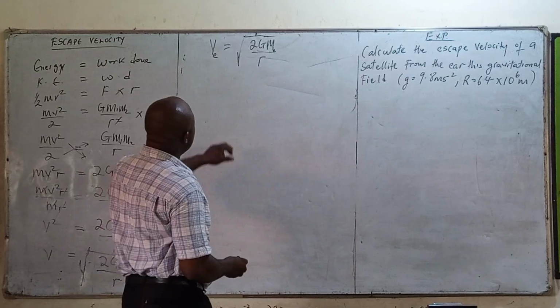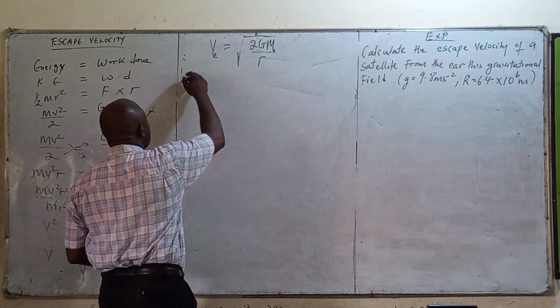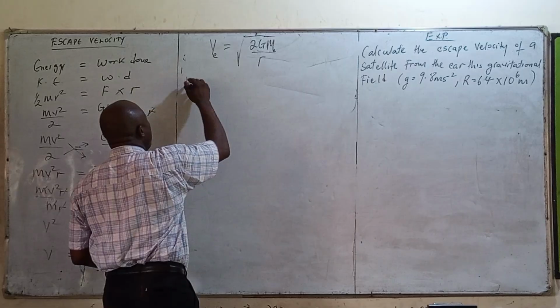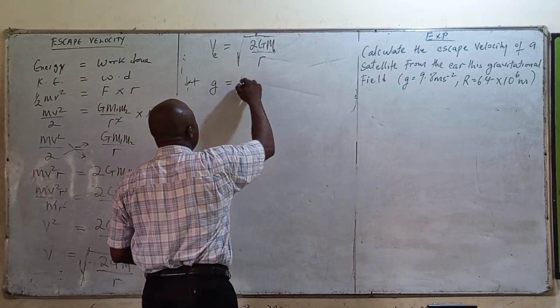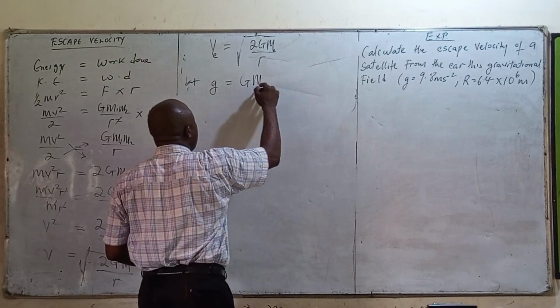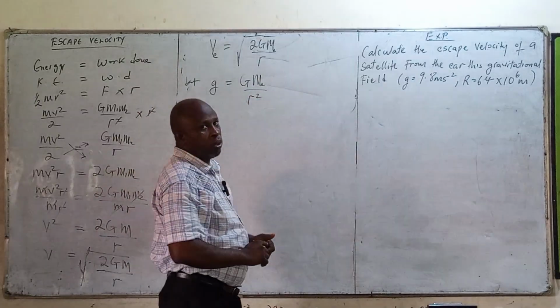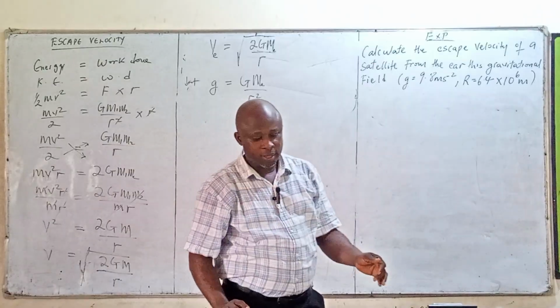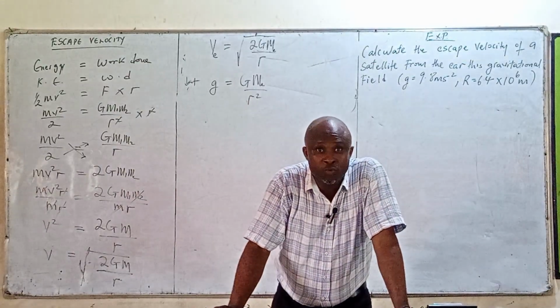So v_E is equal to the square root of 2GM_E over r. But g is equal to GM_E over r squared. So we recall that expression, right? That was the expression for deriving the mass of the earth.